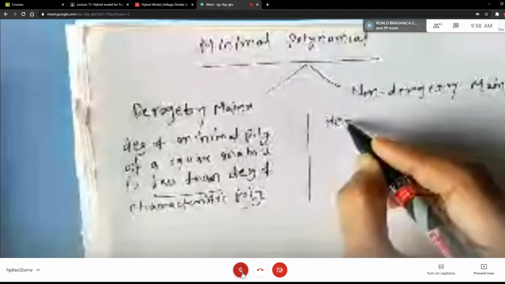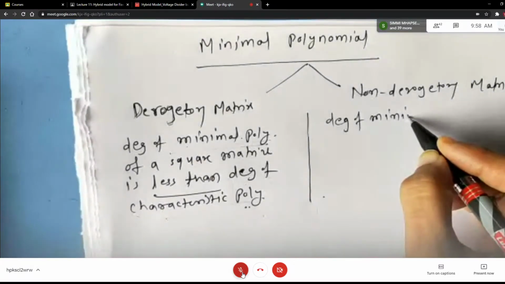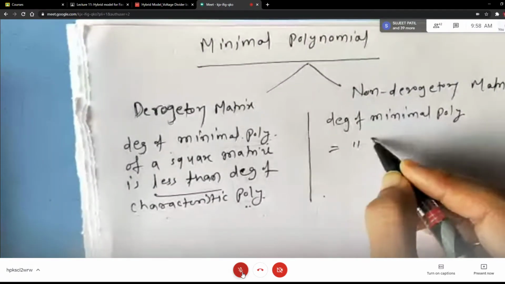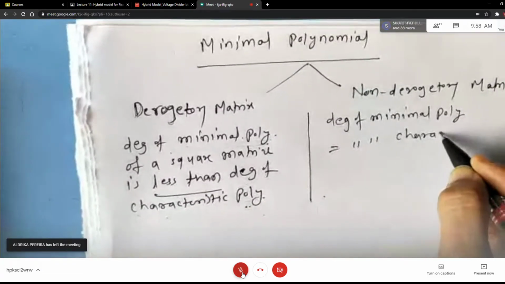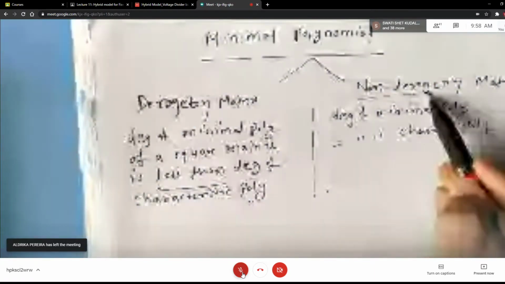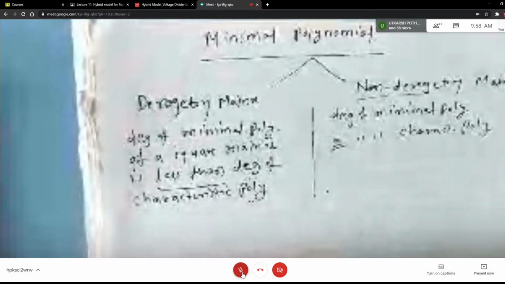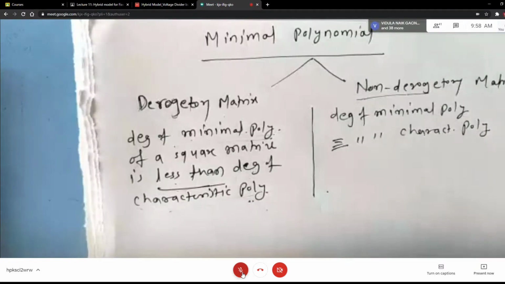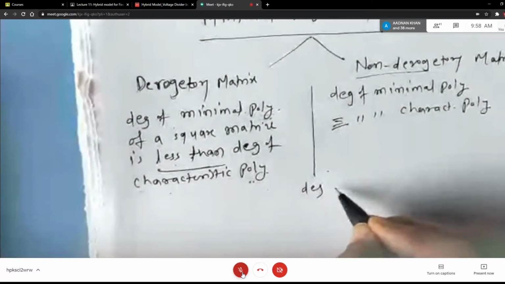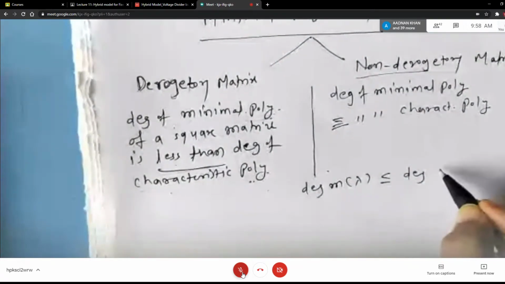So I can say that the degree of minimal polynomial is the same as the degree of characteristic polynomial. So it is opposite, students. Non-derogatory means degree is equal and derogatory means degree is not equal. Understand this. Okay. Now one more thing I want to tell you, that the degree of minimal polynomial is always less than or equal to the degree of characteristic polynomial.